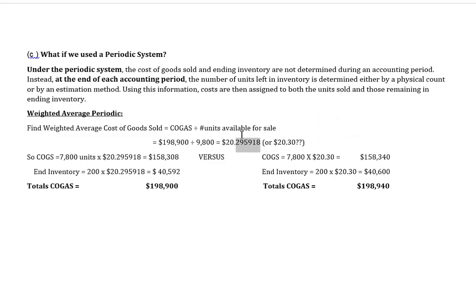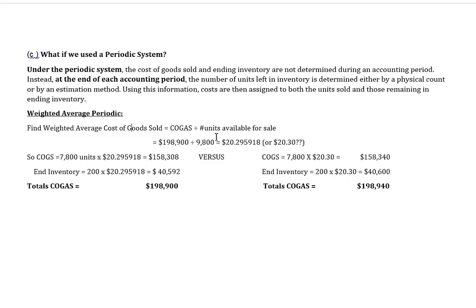But first of all, before I go into the difference in the numbers calculation for cost of goods sold and ending inventory, let's just review what we're doing here. All we're doing is we're trying to find the weighted average cost of all the goods that you had available for sale. Well, the cost of goods available for sale was $198.9 divided by the number of units that you had available for sale, 9,800.